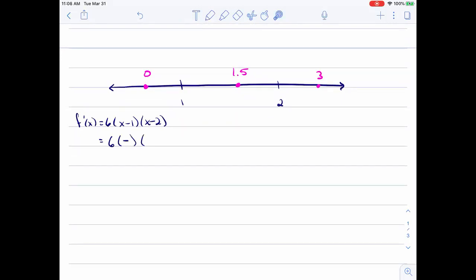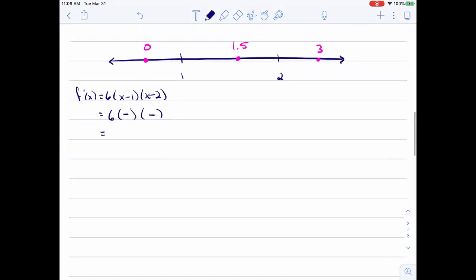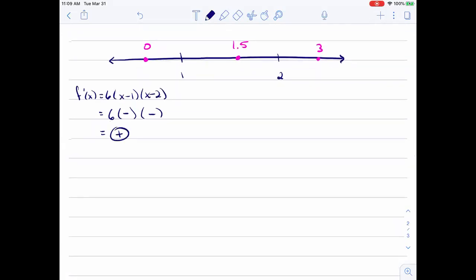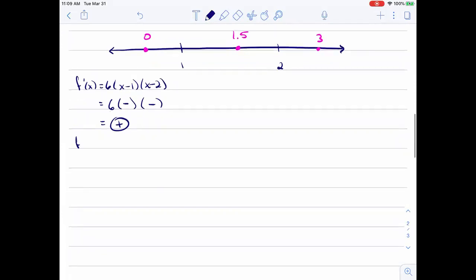We're not going to spend any time evaluating at these values. We just use 0 in here as a quick judge to check if it's positive or negative. 0 minus 2 is also negative. So overall, I get a positive times a negative makes a positive value, which means that f of x is increasing, right?